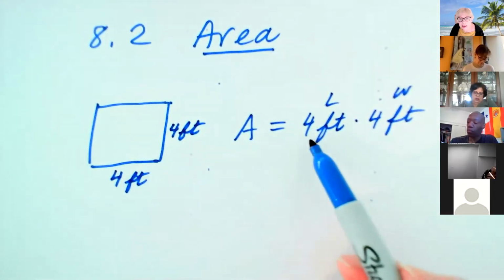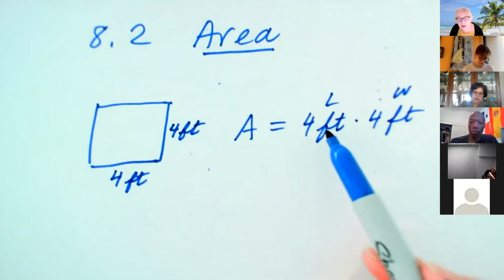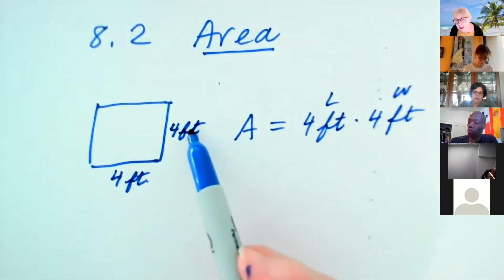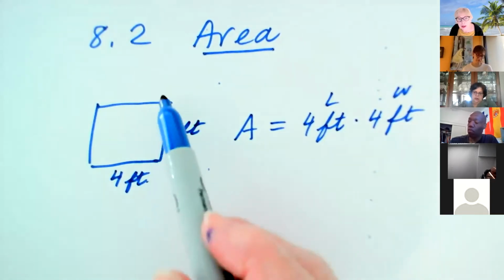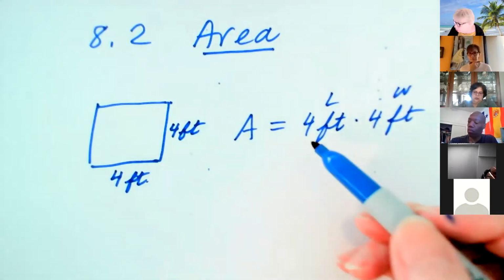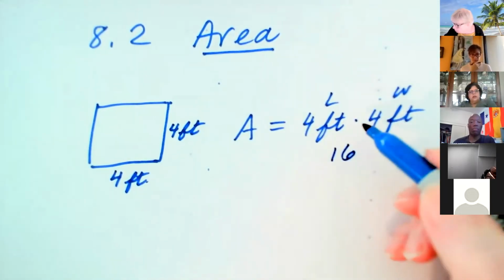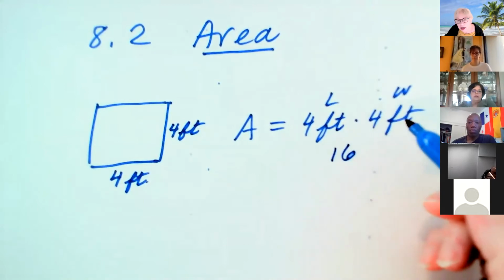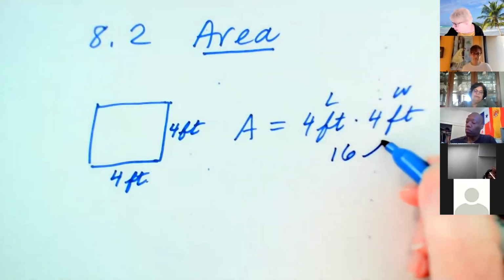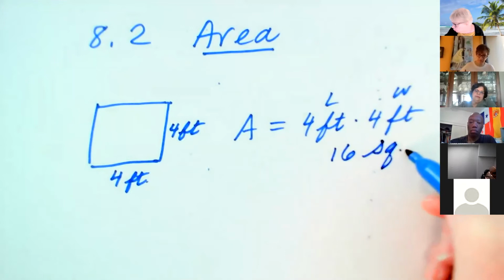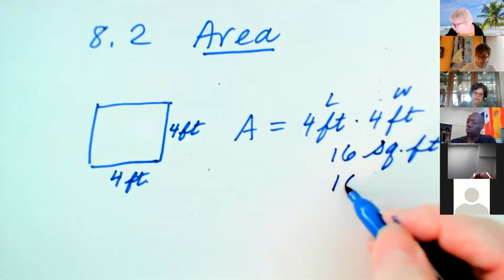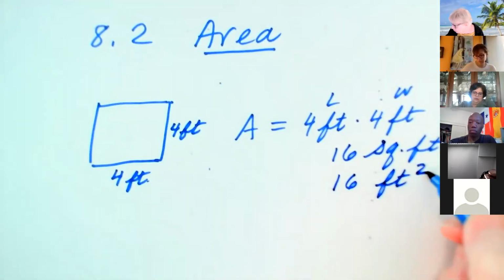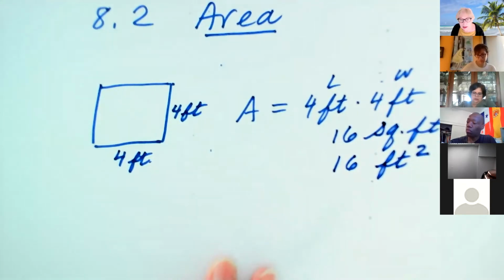Now they may say side squared, but it's really because all the sides are equal, you need the length and you need the width. And so 4 times 4 is 16, and feet times feet is square feet. That's one way to say it, or like that, square feet.